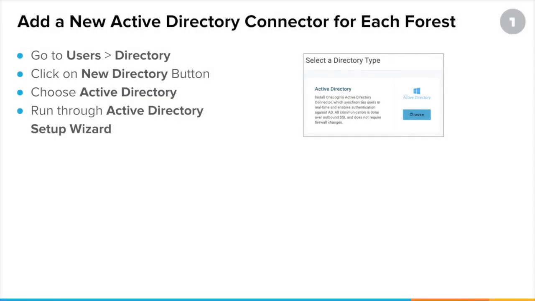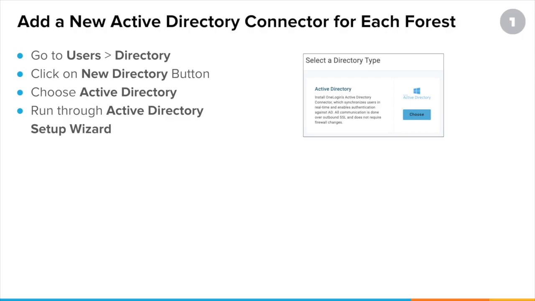That literally means that for each forest, you need to go to the Users menu, Directory, click the New Directory button, choose Active Directory, and run that Active Directory setup wizard once. That's what we did to set up the Active Directory connector in the single forest, single domain that we demoed earlier. You would have to run through that for each forest if you want to manage a separate Active Directory connector for each forest.